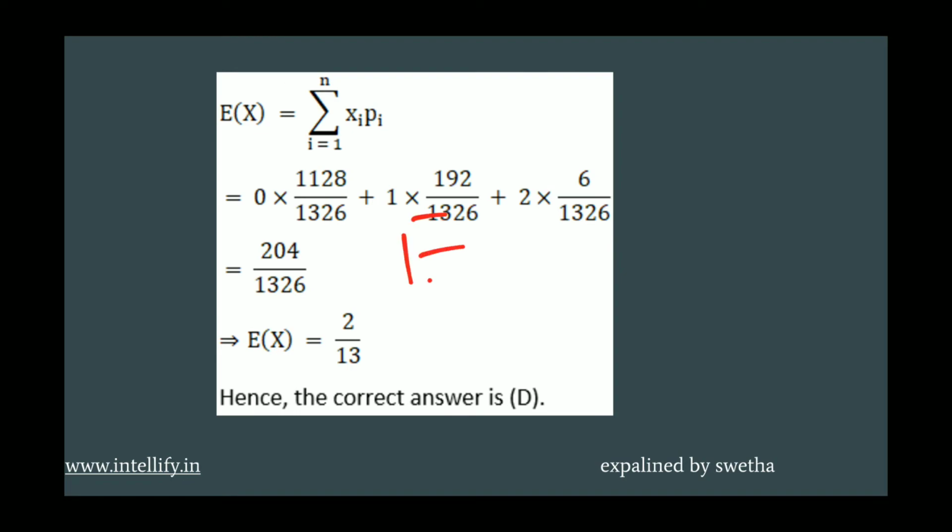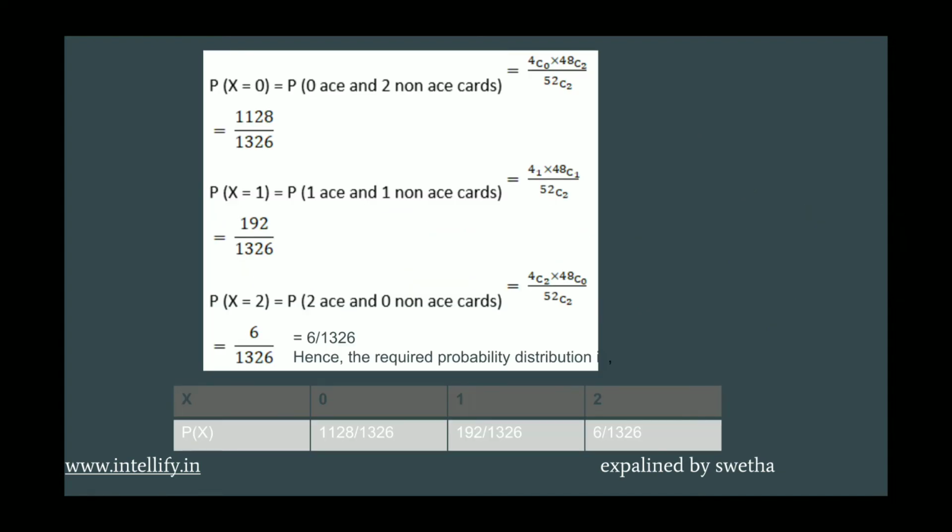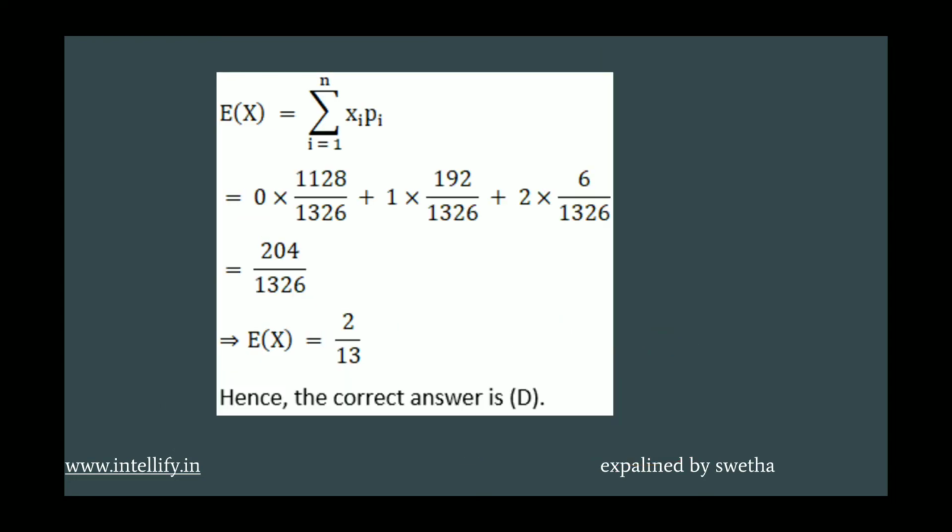And E of X equals sigma i equals 1 to n of xi pi. From the distribution table we can easily understand this can be written as X into P of X corresponding values. So 0 into 1128 divided by 1326, plus 1 into 192 divided by 1326, plus 2 into 6 divided by 1326.